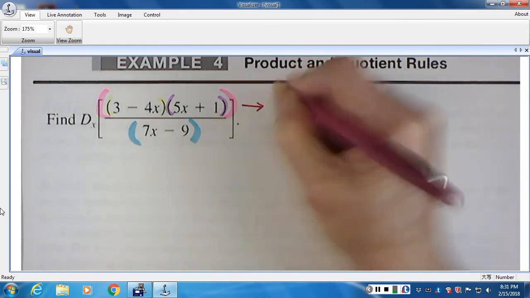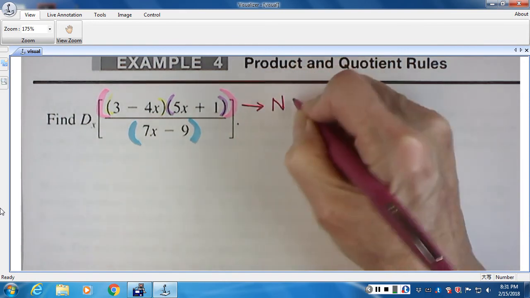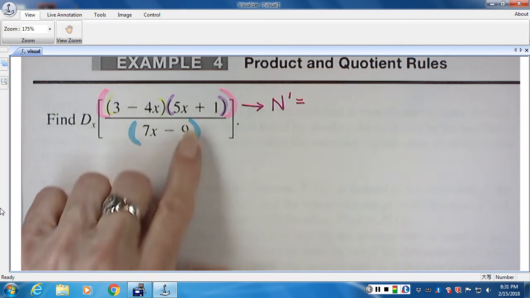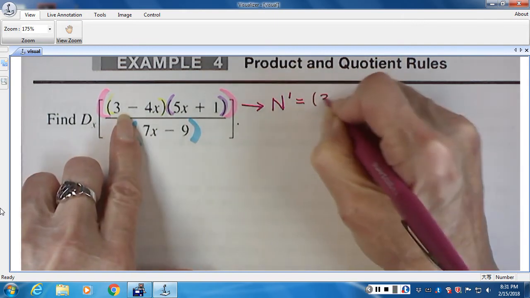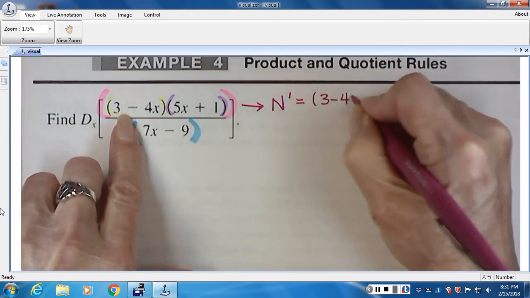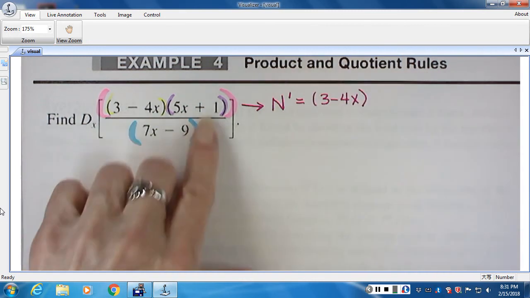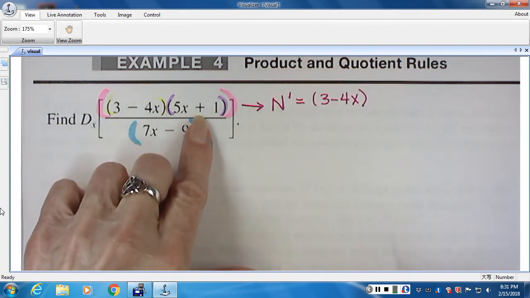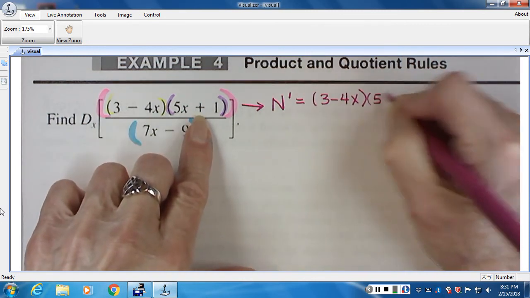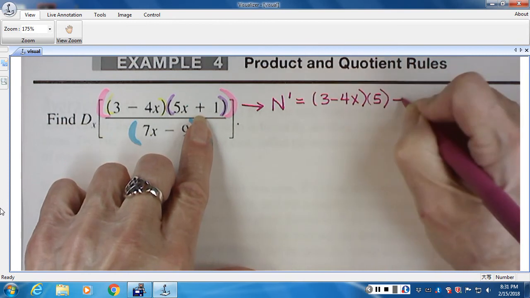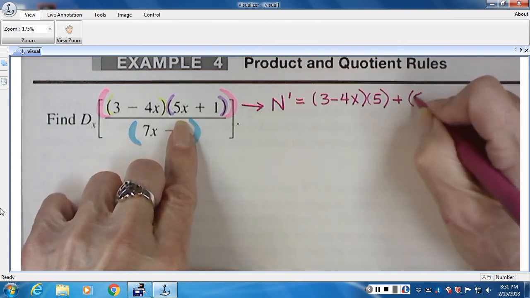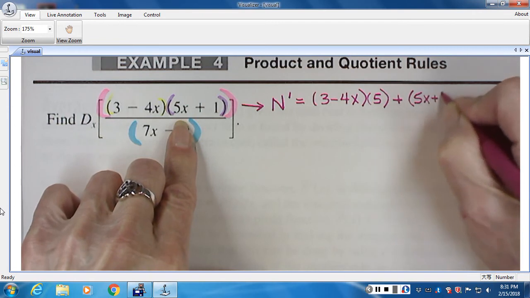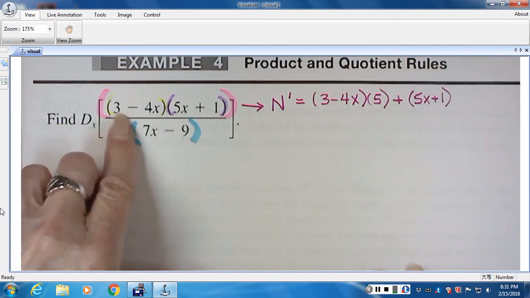So since my numerator is a product, my numerator is going to be the first factor times the derivative of the second factor plus the second factor times the derivative of the first factor.